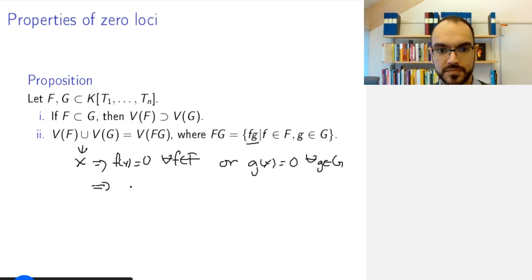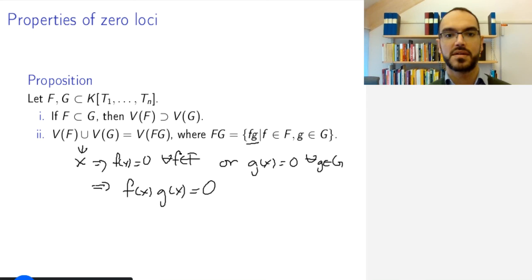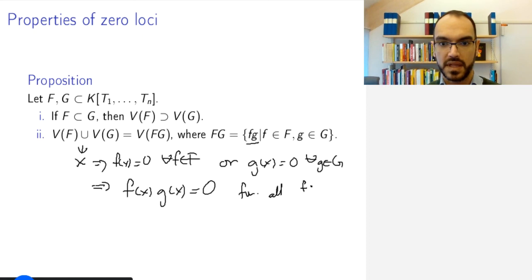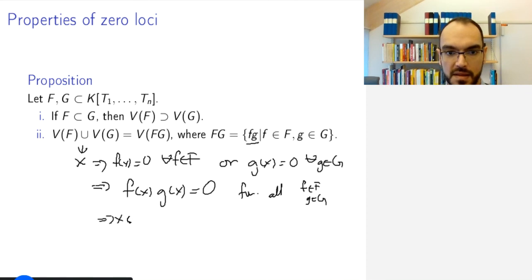But then if you take the product fg of x, this will always be 0, because either x is such that f of x will be 0 or g of x will be 0, or both. So for all f in f and g in g, this means that x belongs to V of fg.